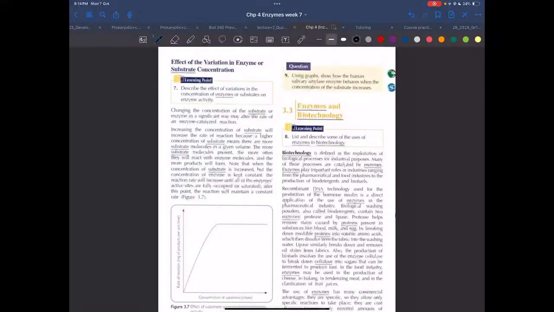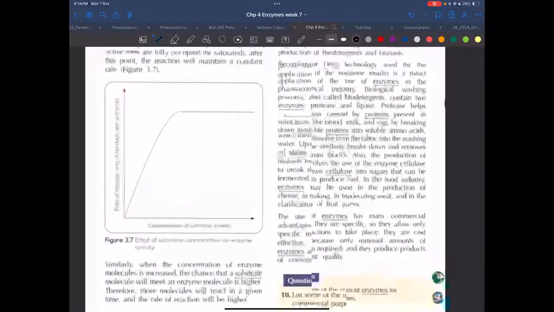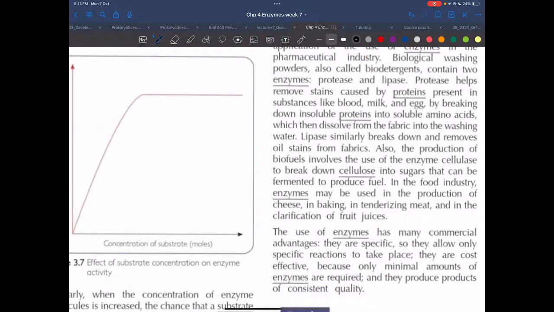Increase, perfect. But now there's a small note that I have to add. Again, let me give you an example. Black is going to be enzymes, blue is going to be substrates. Let me just erase some.